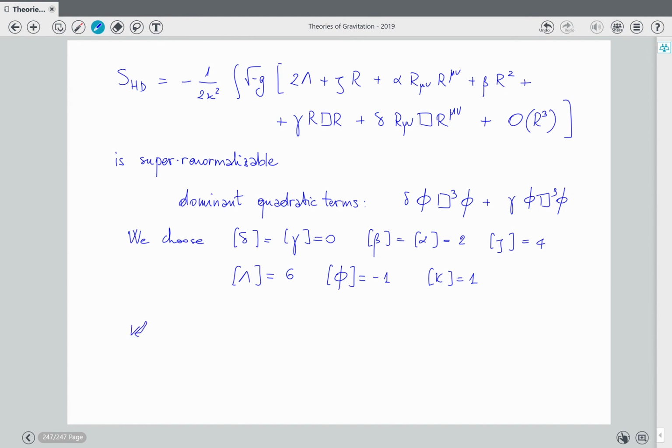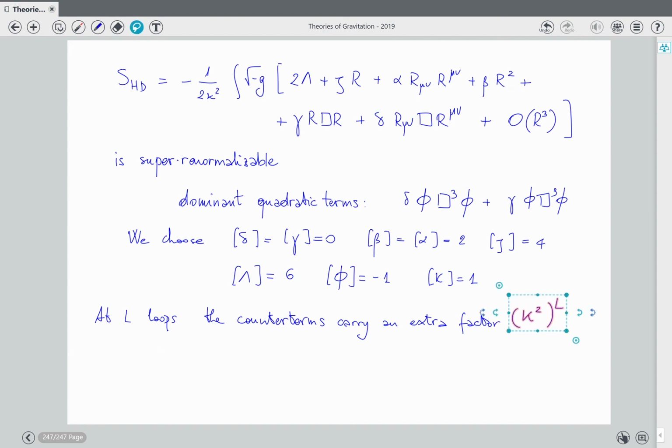So again, at L loops, the counter terms at L loops carry an extra factor k squared to the L, which has dimension 2L.